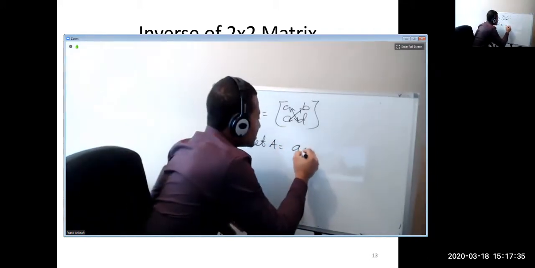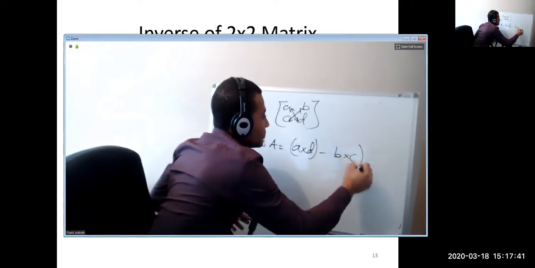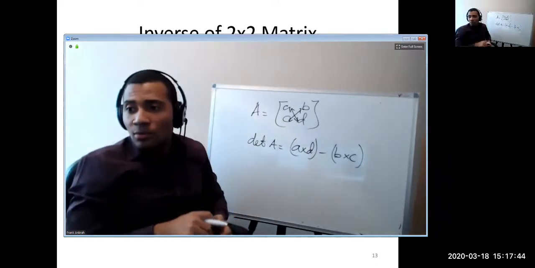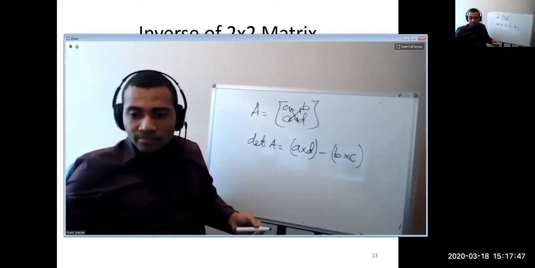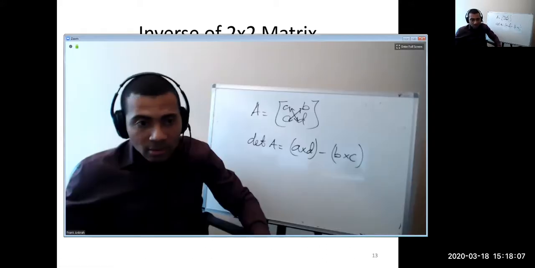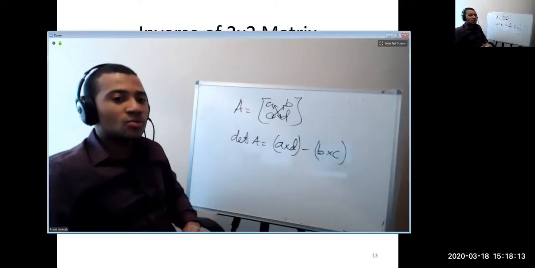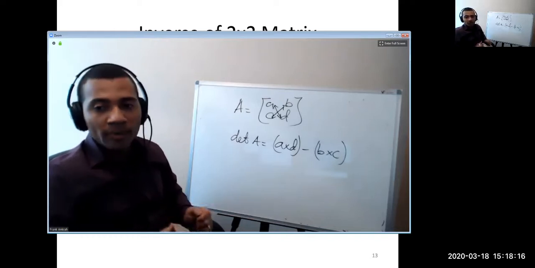So you have A times D, minus B times C. Finding the difference between these two will give you the determinant of your matrix.